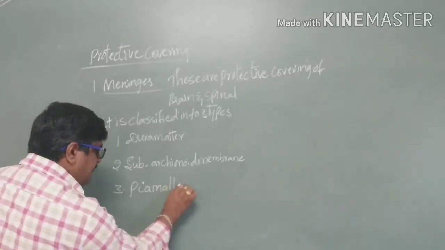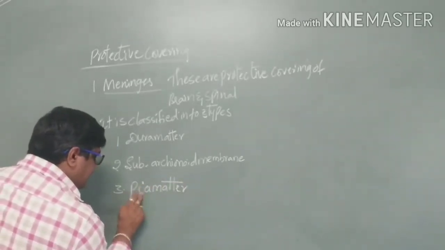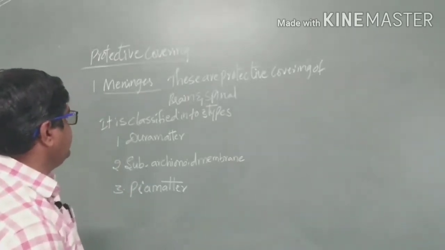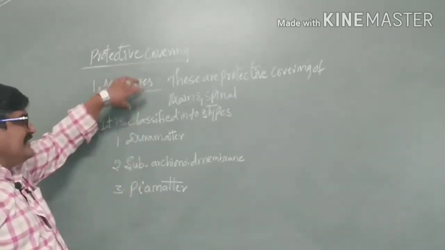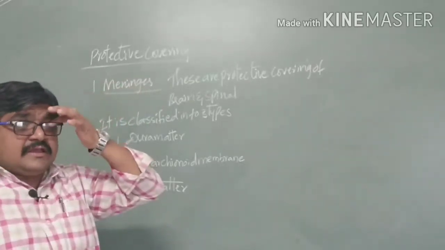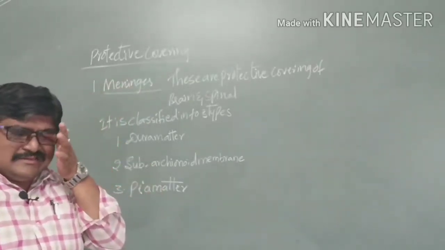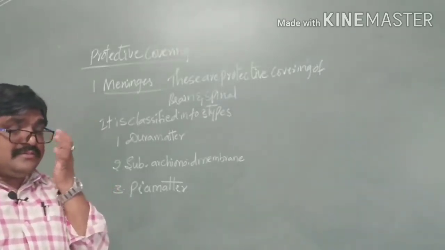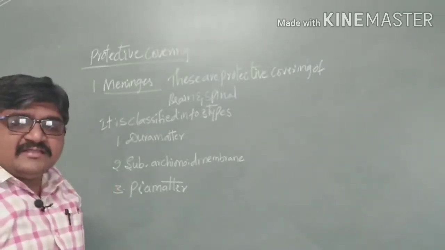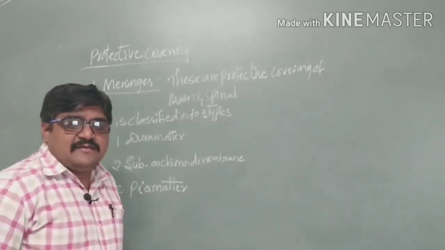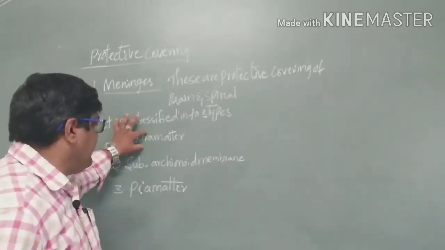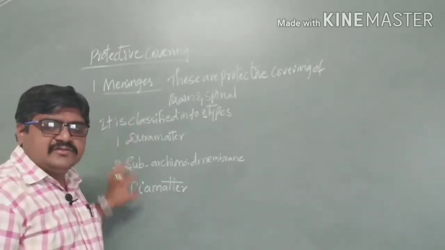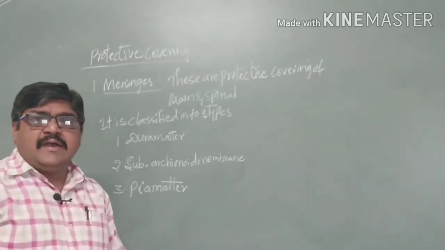These are the three protective layers present in the meninges. These are differentiated into three layers: the first is the dura mater, the second is the arachnoid membrane, and the third is the pia mater.